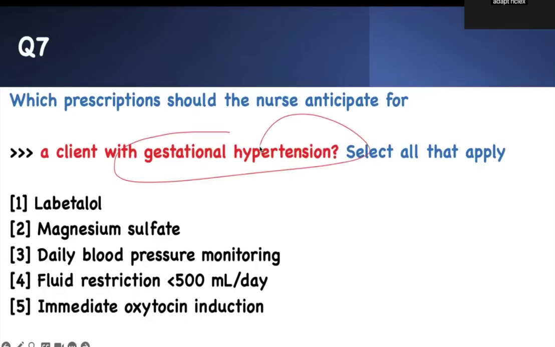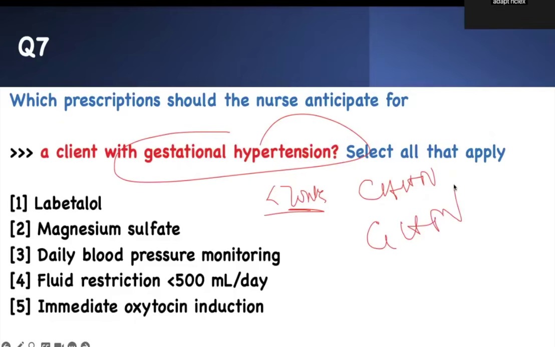The key is what? Gestational hypertension. You have to know the difference, right? If you have hypertension before 20 weeks and you're pregnant, that is what? Chronic hypertension. If you have hypertension after 20 weeks, you have what we call gestational hypertension.